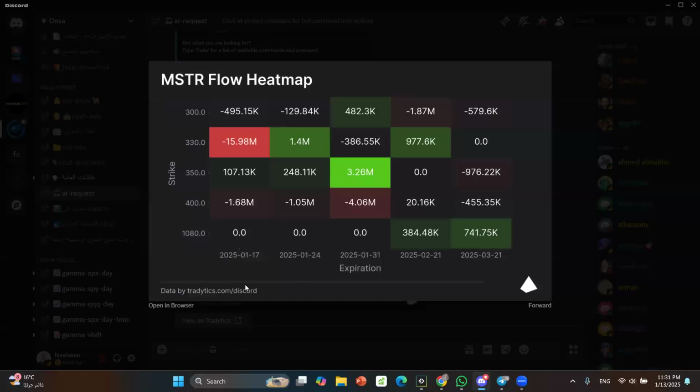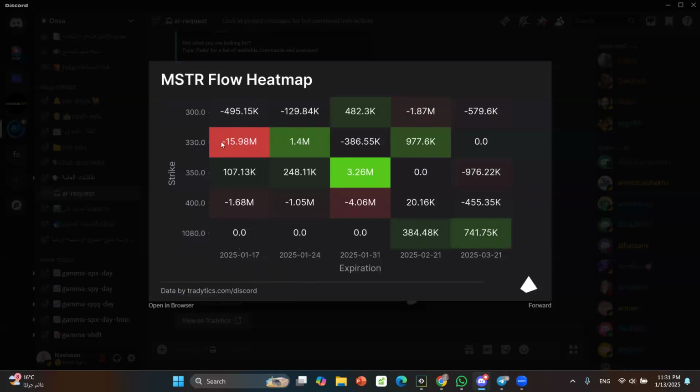You can see here that we've got the heat map for the master over multiple expiration dates, from the 17th of January. This is the main one that we are focused on. You can see here that the total amounts indicate that they are selling the options.